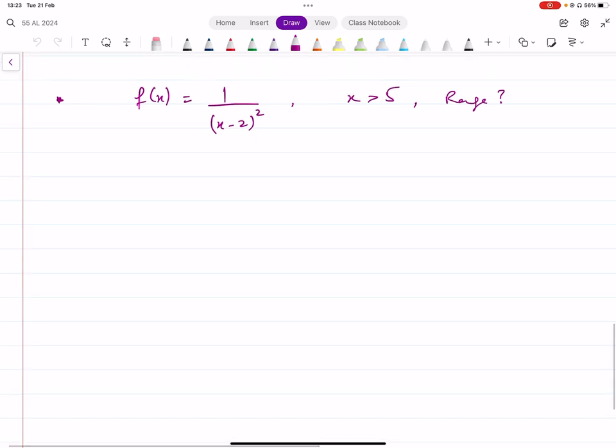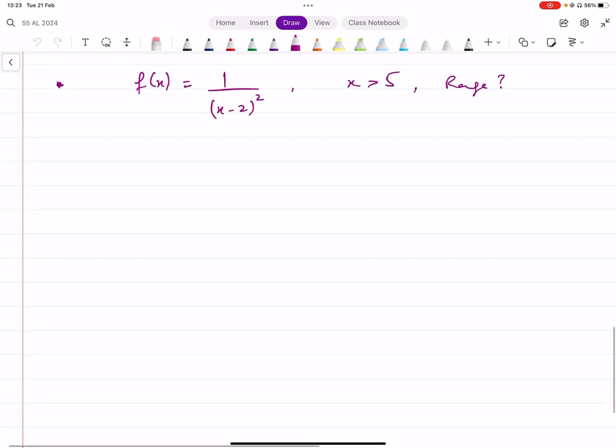Can you raise your hands again? Yes, Iman. Y between 0 and 1 over 9. Any other answers? Between 0 and 1 over 9? Did everyone get this?